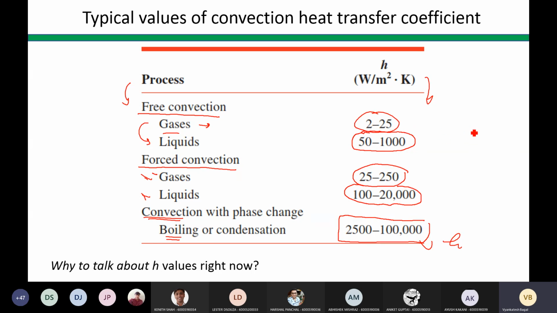Then what should we do, right? So that's why I said this is a typical range. Is it clear? But yes, if you have a standard text on heat transfer, 99% of the time you will find the values will fall in this range only. Clear? And a few exceptions should be acceptable to us. Clear?